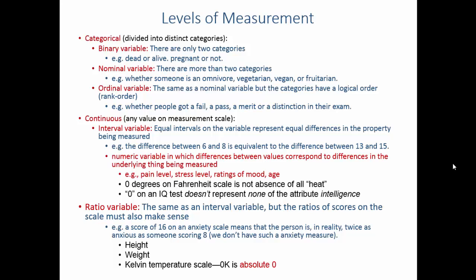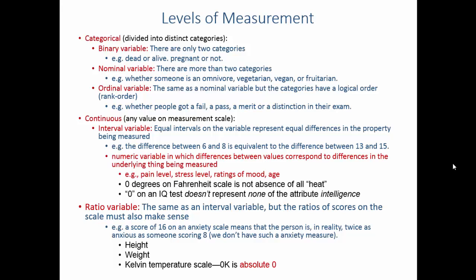Because in the end, after you do an experiment or a correlational study or a quasi-experiment, all you're really going to have is a spreadsheet of numbers that are meant to represent variables. And there are different ways that those numbers can represent the variables. They could be categorical, where the numbers represent categories, or the numbers could be a continuous amount of something. So this is just more detail about the previous slide.